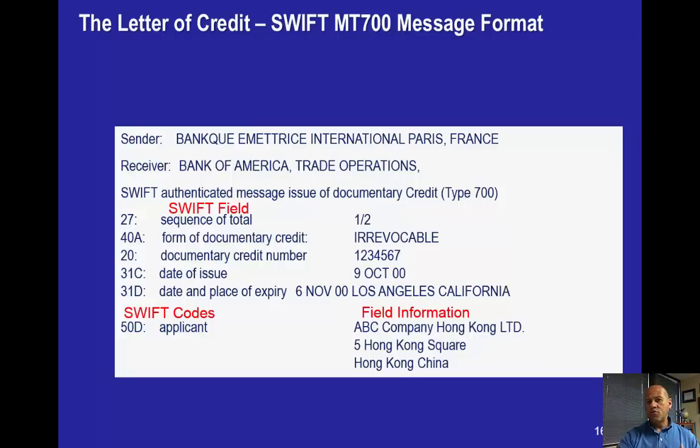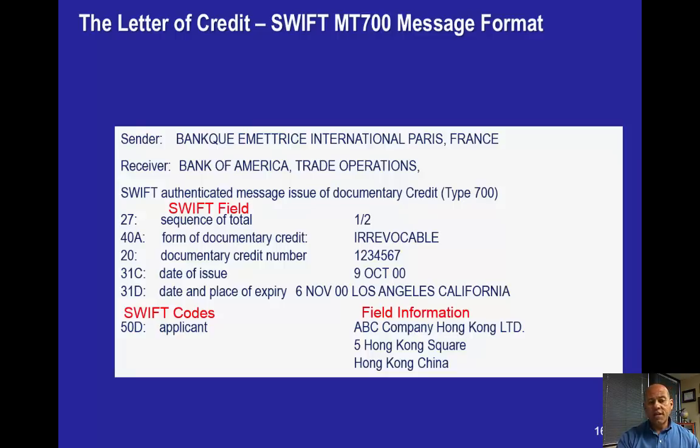It's a kind of double encryption system that banks use to ensure security. You have the form of documentary credit. In here it says irrevocable. All letters of credit now under the UCP 600 are irrevocable, but you still want to make sure that that field is filled out correctly.